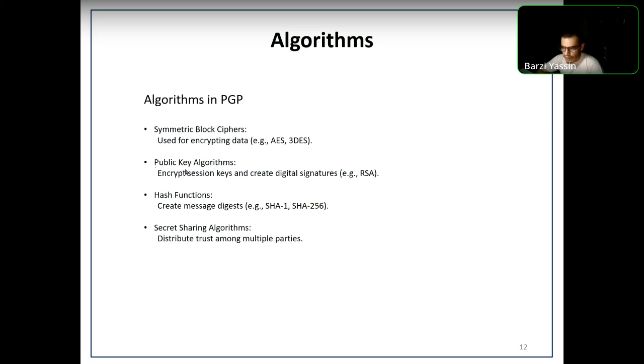The public key is used to encrypt session keys, not the message, and to create digital signatures, for example RSA. And hash functions, which are another type of algorithm used by PGP to secure the message while transferring it. A hash function creates message digests by using SHA-1 and SHA-256. And secret sharing algorithms distribute trust among multiple parties.